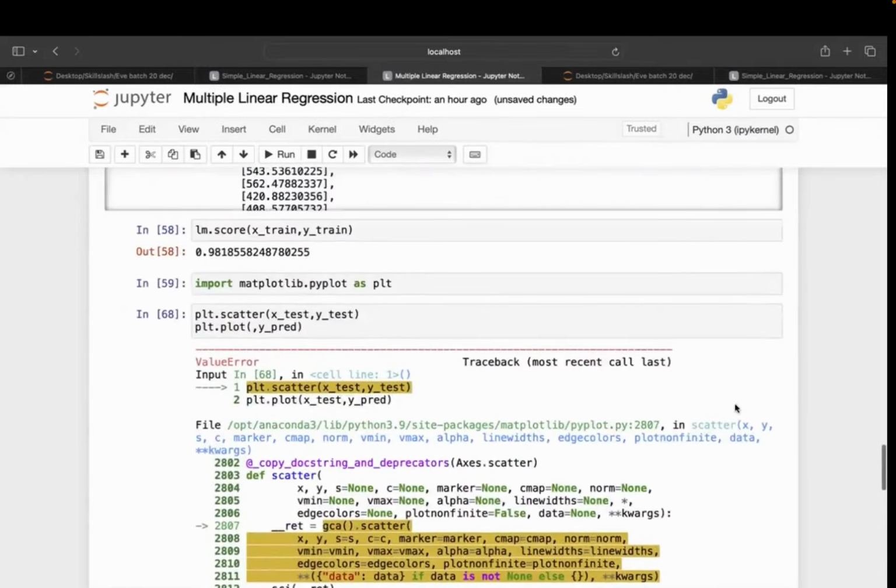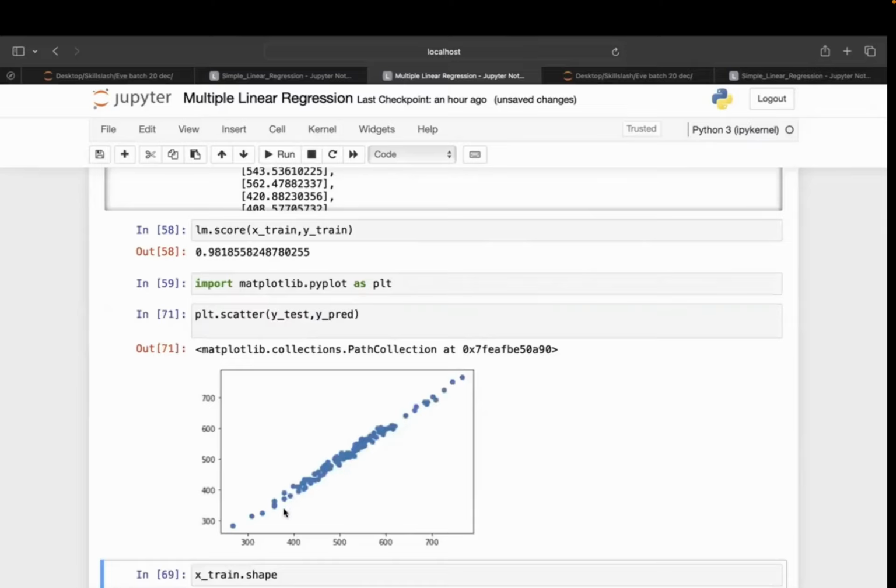Got it. Best fit line we have to draw while picking some particular column. We cannot draw this. Since we can see this scatter plot for y test and y pred, the best fit line here is something different. We are having n number of columns, so y equals to mx plus c carries different coefficients.